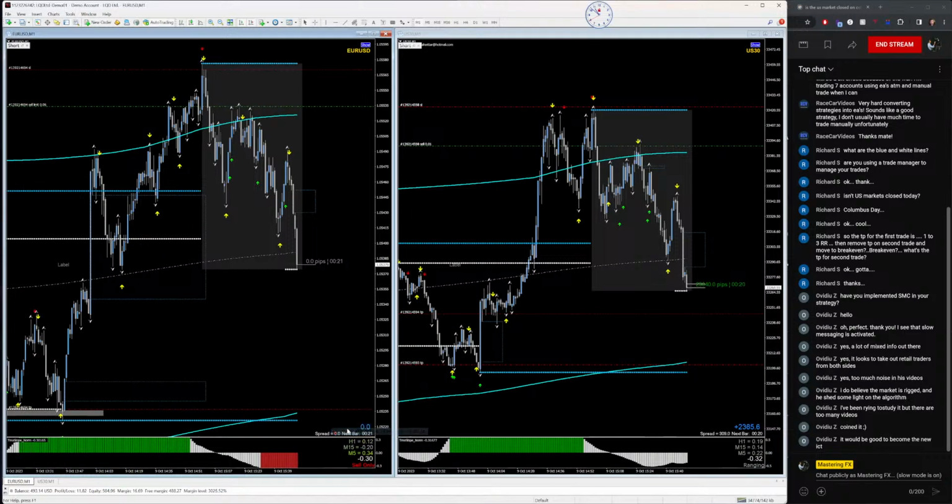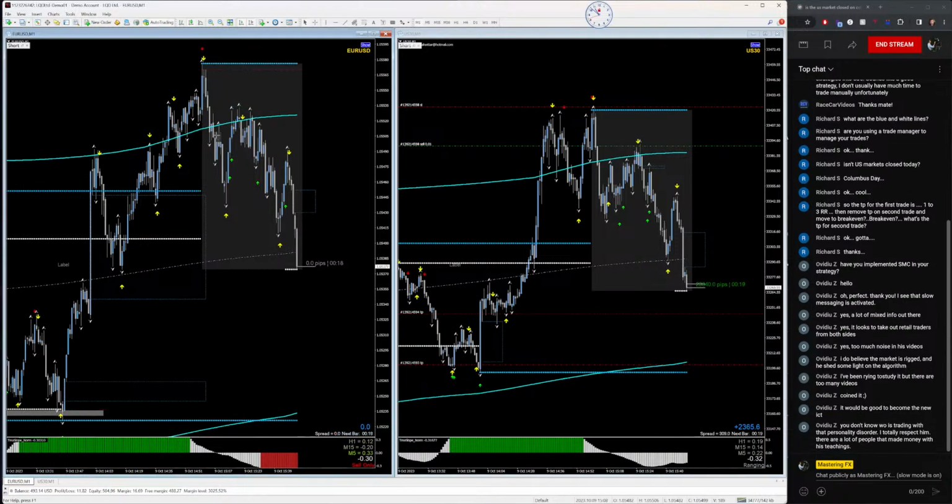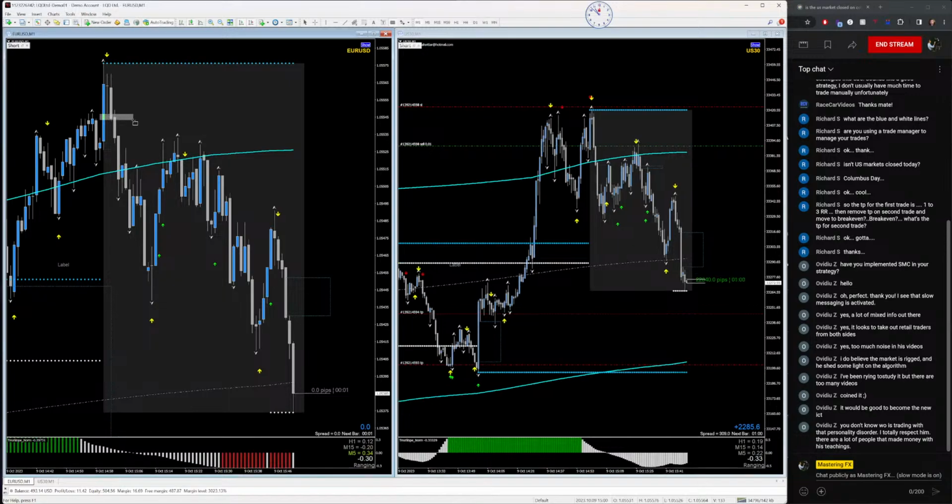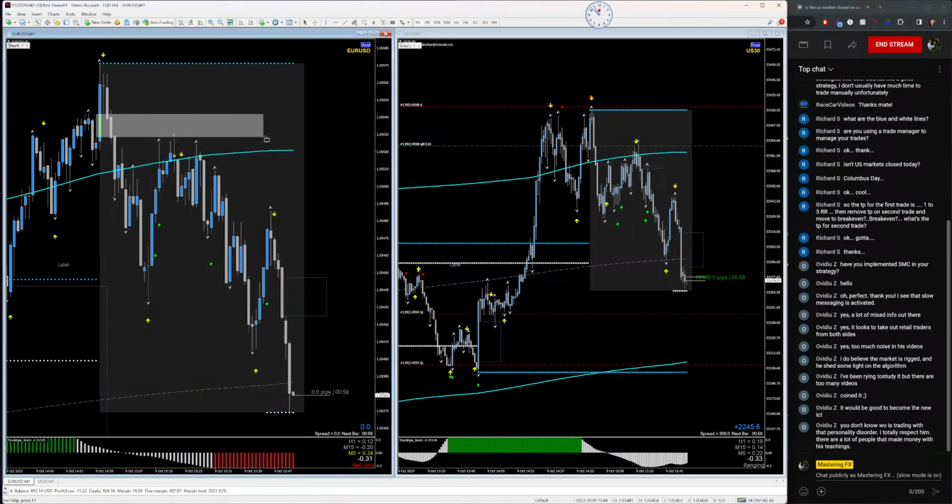But in this case, the mistake that I made was that I overlooked this bullish fair value gap that was broken through and turned into a reversed fair value gap, and that's why we had our entry. So let me mark that out for you so you know what I'm talking about. Make it a little bit clearer.